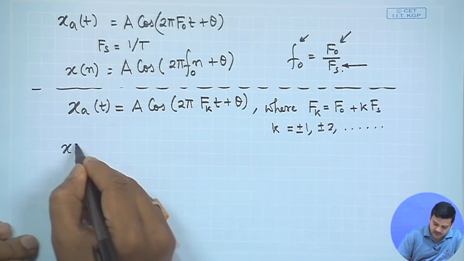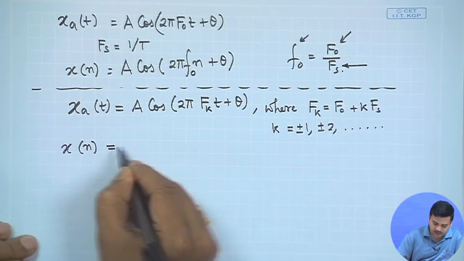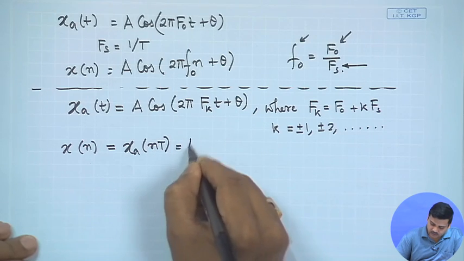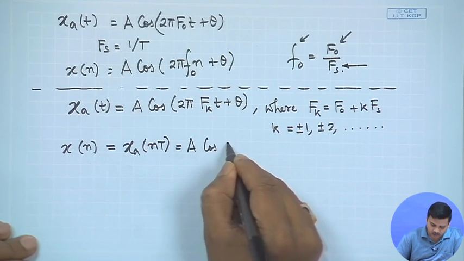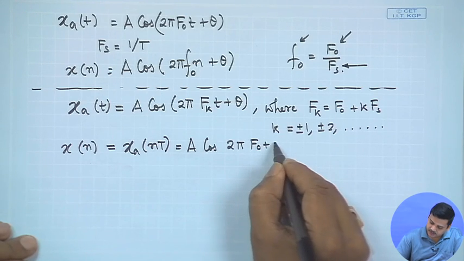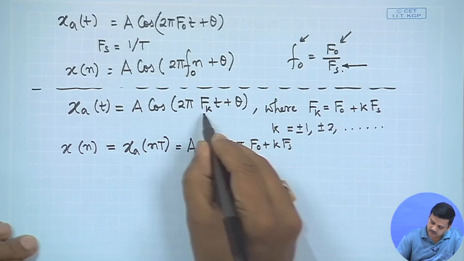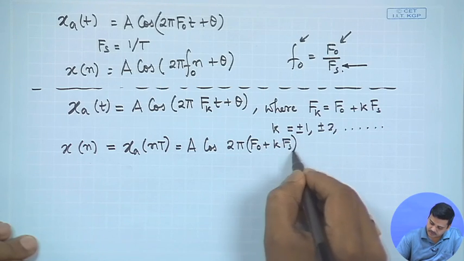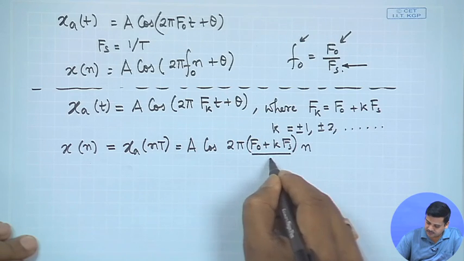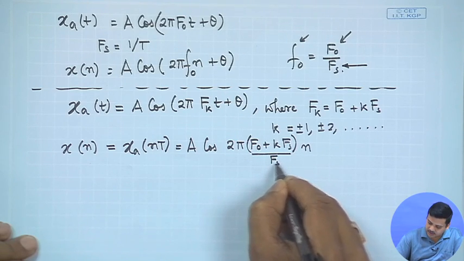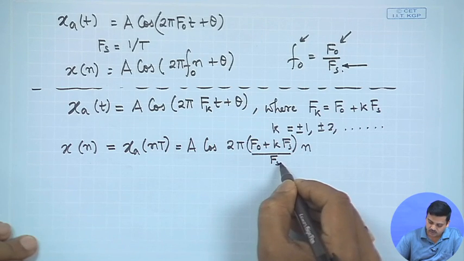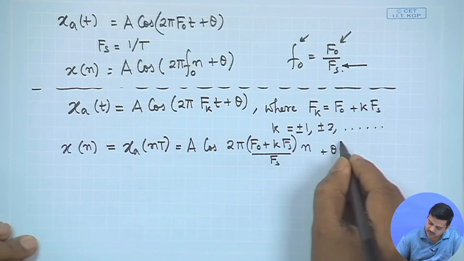As a consequence of this, you are going to get x n is equal to x a of nT, which is equal to A cos 2 pi F k, where I am replacing F k by this expression, and t of course is replaced by n upon F s, because t is equal to n times capital T, and capital T is equal to 1 upon F s, plus theta.